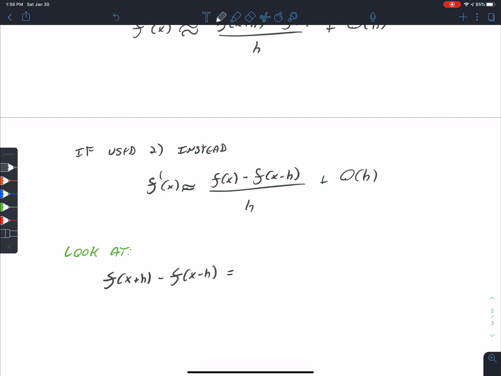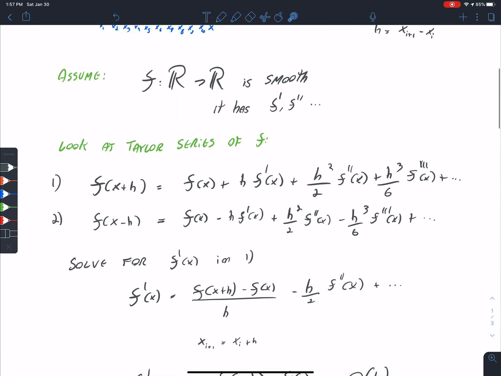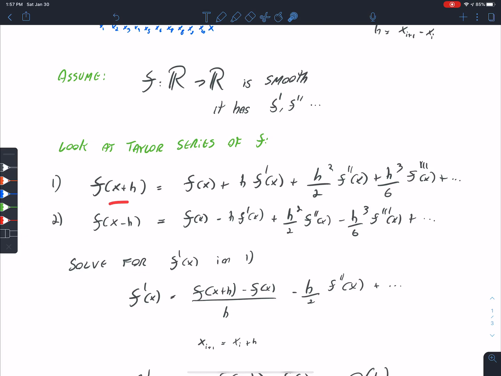So this will be equal to 2h f prime of x plus h cubed over 3 f triple prime of x plus so on. Why is this, right? Because the plus terms cancel out, so if I subtract this from that, this subtracted from that is 0.